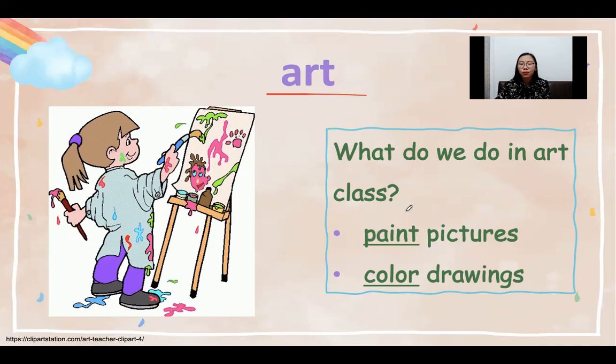What is the difference between paint and color? Okay, color, we use color pencil, crayon. But when we say paint, we use paint, like watercolor. Red, orange, blue, color drawings.